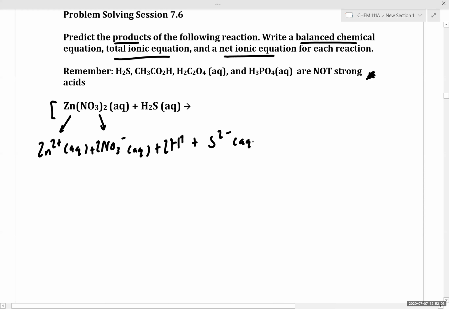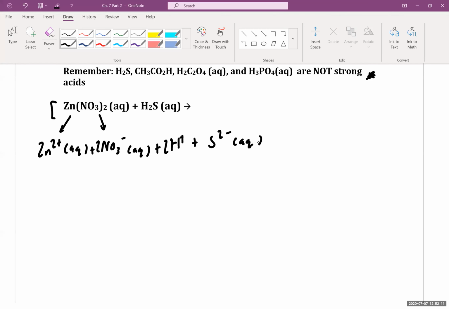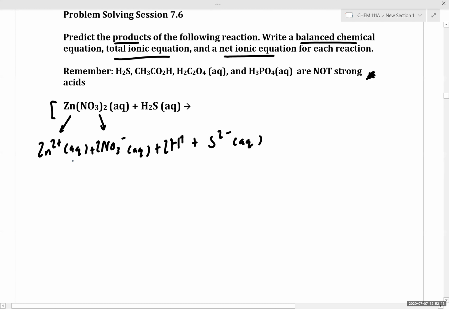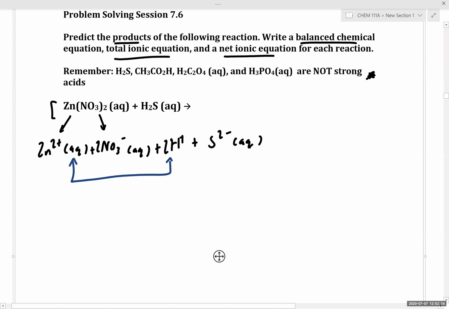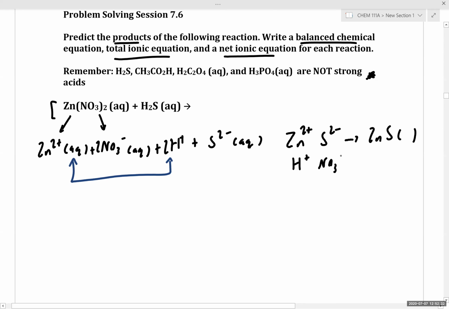So this is not reflective of what you're doing for the net ionic equation, but it's a valuable tool in terms of predicting the formula of your precipitate. So once we have our ions in place, we swap our cations, okay? And then we list all of the potential compounds that we could form. So we can make zinc sulfide, or we can make nitric acid, HNO3.